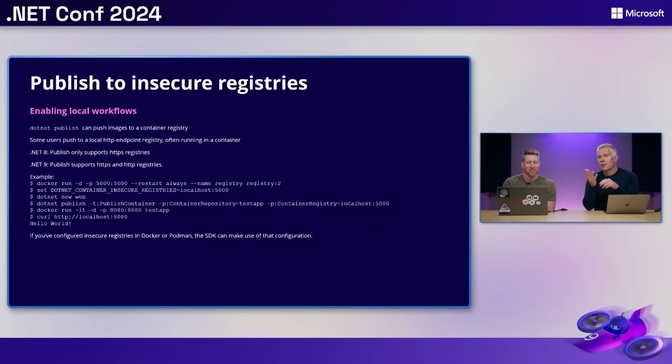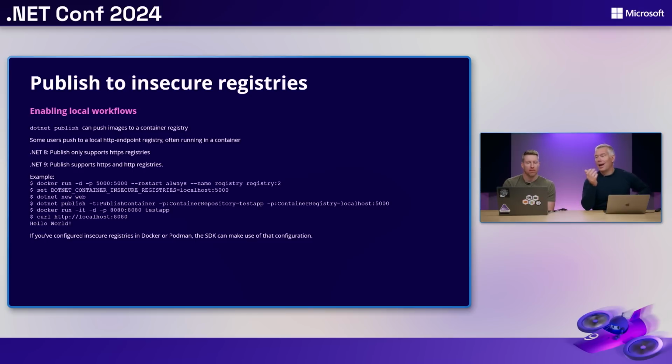So this is a new experience where there's a new environment variable called DOTNET_CONTAINER_INSECURE_REGISTRIES, and you can give, I believe, a semicolon delimited list of all the names that you might want to push to. In this case, this is pretty awesome. What I did is there's a Docker container on Docker Hub called registry.